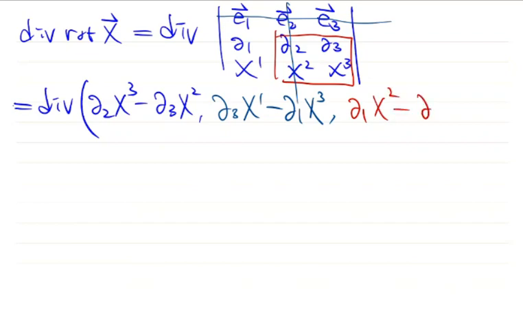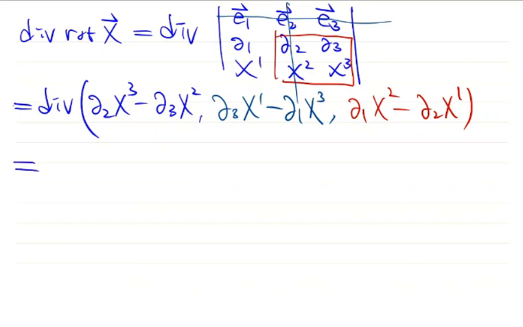This is curl X. Using the determinant notation, it is easy to remember the definition of the curl, but you need to expand the determinant along the first row to obtain the exact expression of all the components, a linear combination of partial derivatives of the components of X.